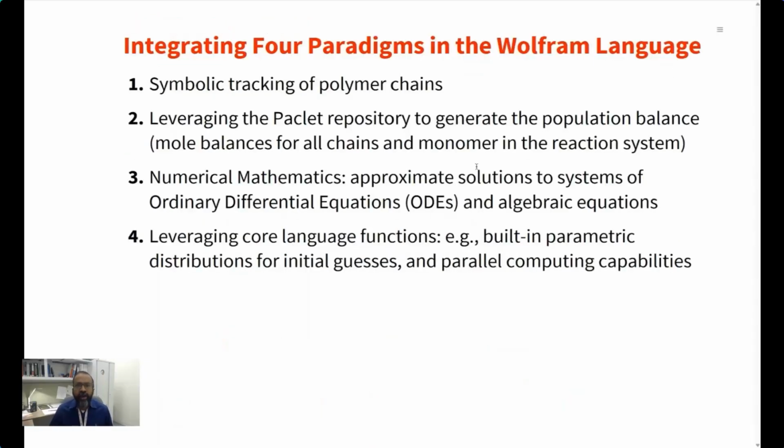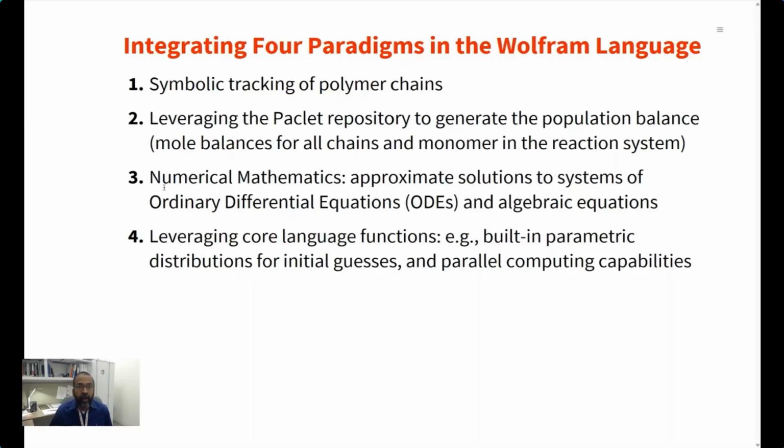There are at least 4 paradigms in the Wolfram language that I find to be very useful to tackle problems like these. The first is symbolic tracking of polymer chains. The second is in the paclet repository, where there are functions that make the creation of these population balances very efficient.